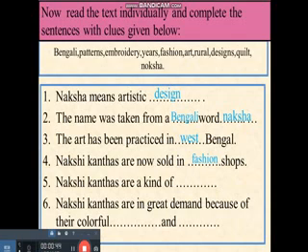Nakshi Kanthas are a kind of quilt. Nakshi Kanthas are in great demand because of their colorful embroidery and design. So I think you have done well in filling the gaps.